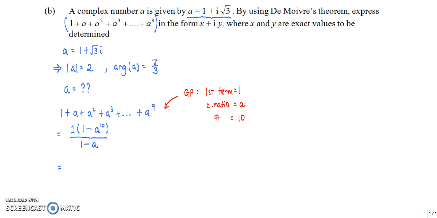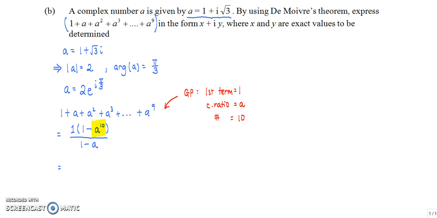It is now clear that we have the term a to the power of 10, which allows us to apply De Moivre's theorem to raise a to the power of 10. Judging from the complexity of this expression, the best choice is to express a in exponential form. So we revise our previous step. Our a in exponential form is equal to 2e to the power of i times pi over 3.